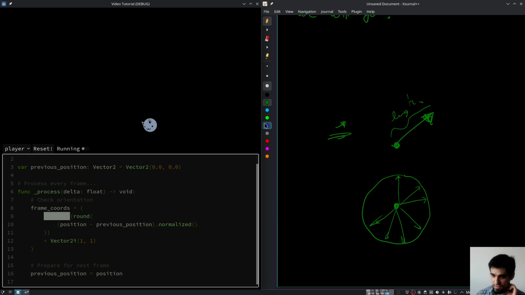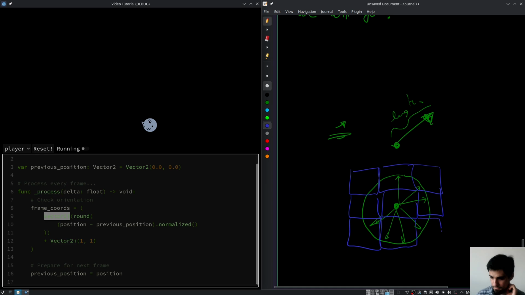And what I'm doing essentially is just rounding it so that we get a little grid. This grid is going to be like, sorry, it's going to be -1, -1, 0, -1. This is going to be 1, -1. This central one is going to be 0, 0, and so on.